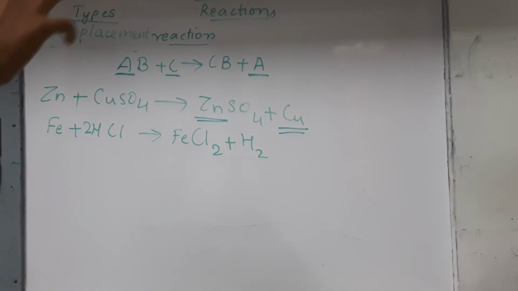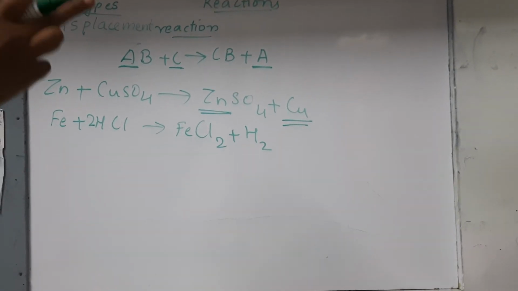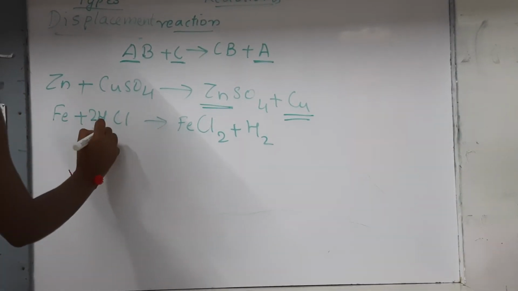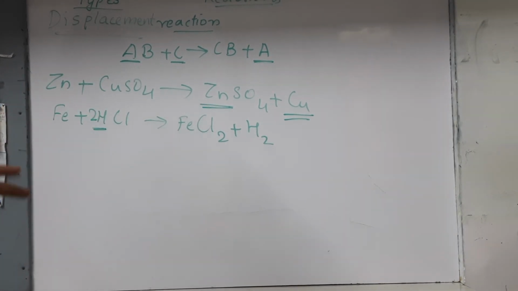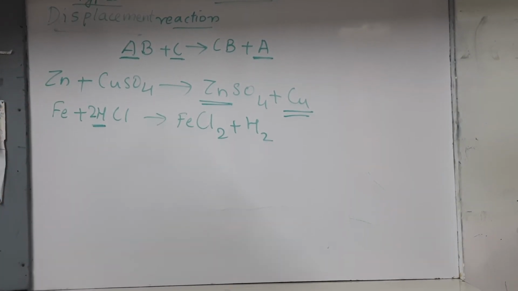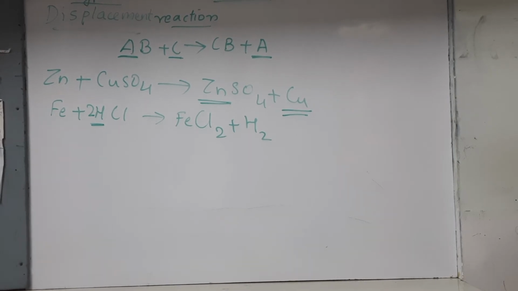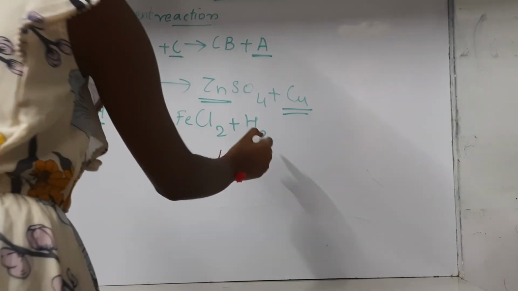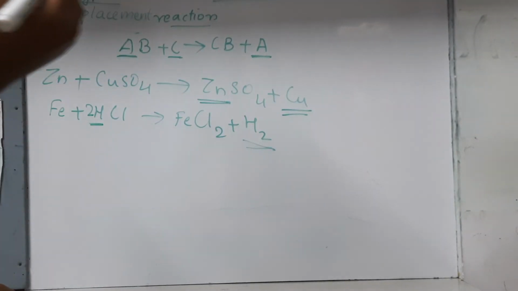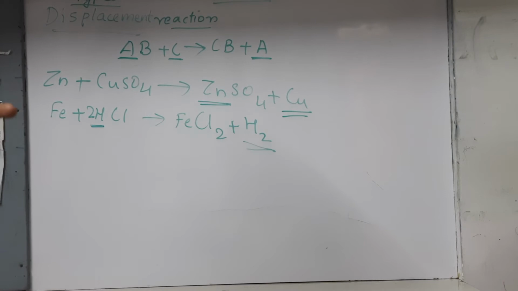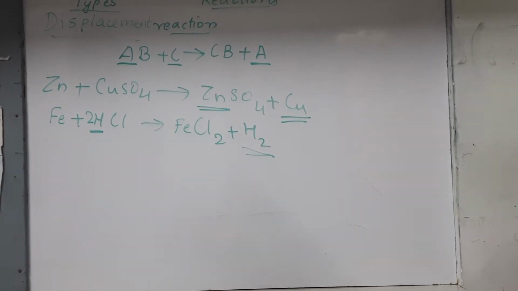Here also the observation is brisk effervescence. When you see hydrogen gas liberated, your observation will be brisk effervescence, and there is a test for hydrogen gas also. When a burning splinter is introduced into a gas jar containing hydrogen gas, it burns with a pop sound and later it is put off. So that is a test for hydrogen gas.